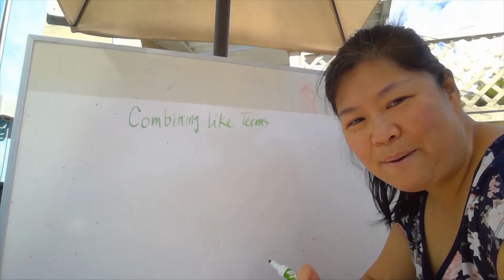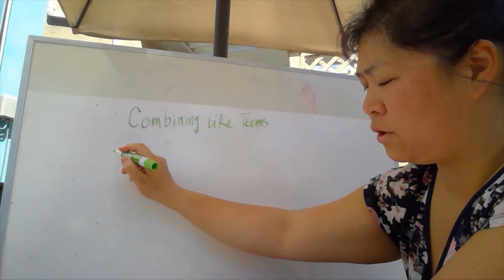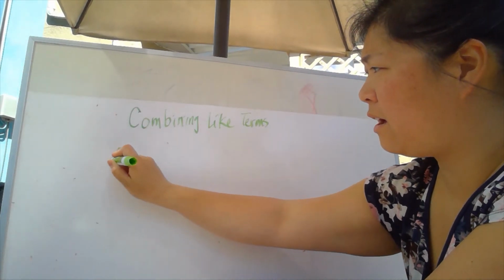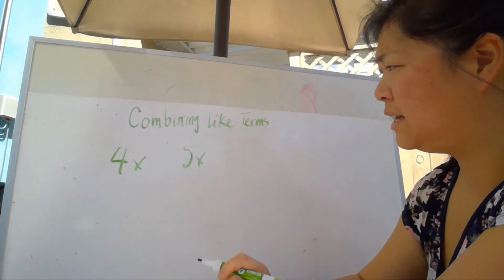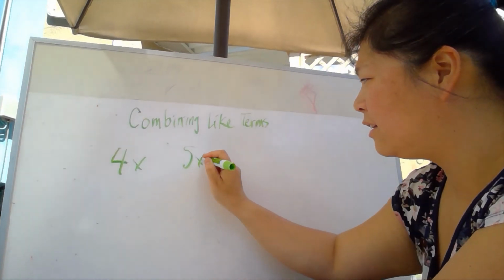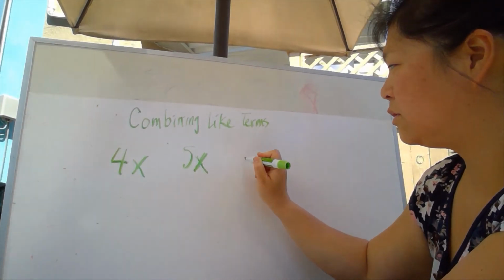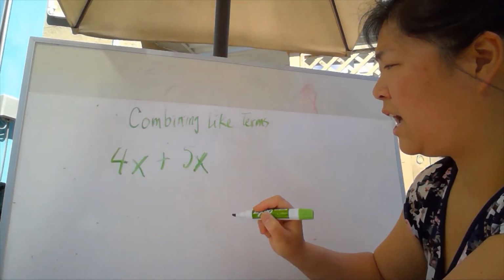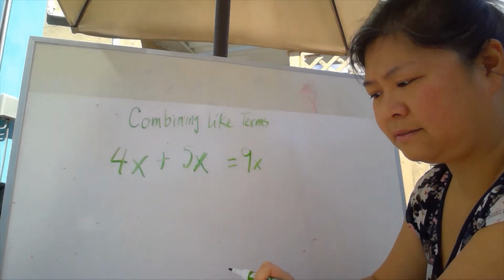So here are my examples on the board as like terms. When you have 4x and a 5x, similar to my kale, they're the same, okay, because they have the same x's. So if you want to add these together, that will become 9x.